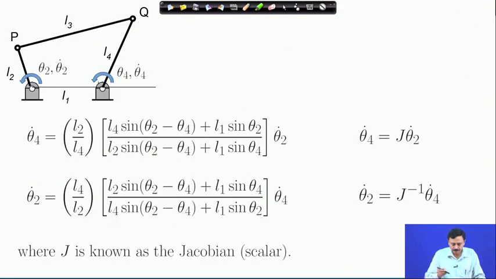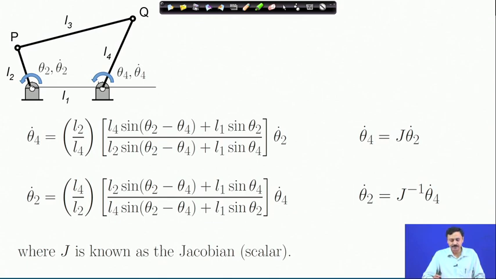Now, in the previous discussions we had found this Jacobian in terms of another set of angles, theta 2 and theta 3, when we used the method of instantaneous center of rotation. So, from geometry, when we derived this relation between theta 2 dot and theta 4 dot, we had the Jacobian in terms of theta 2 and theta 3.